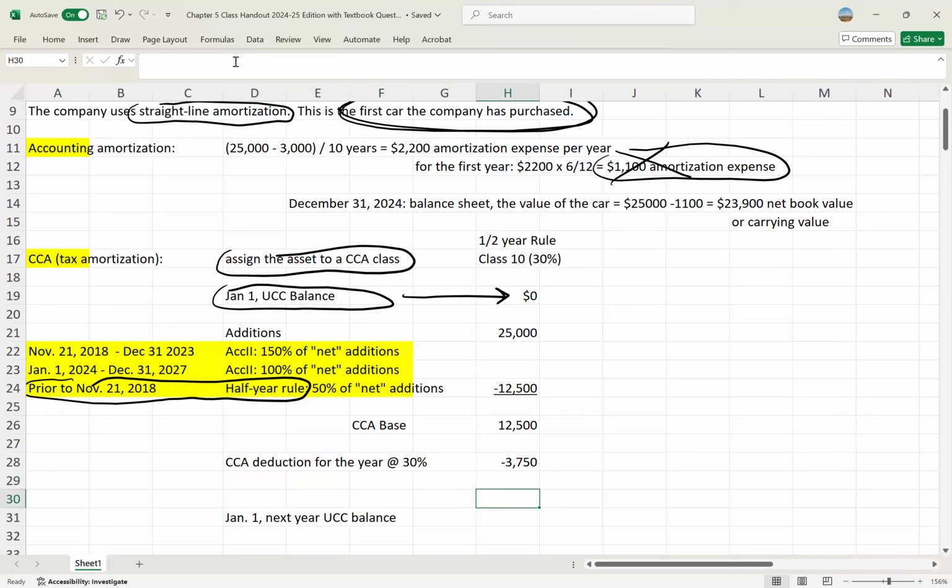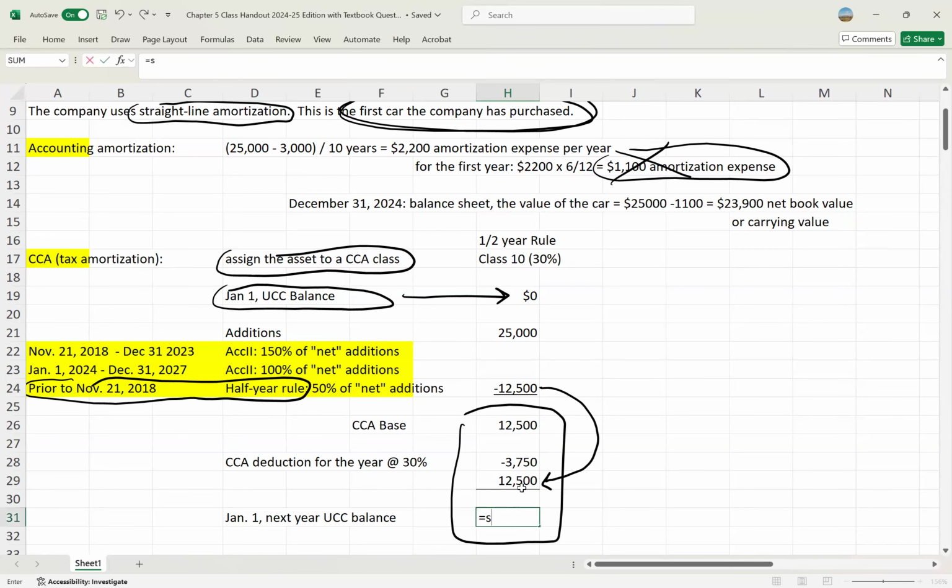Now what we do then is, this is sort of a continuity schedule. So we have 12,500, we minus the CCA for the year. But then remember this 12,500 that we deducted just for the calculation of CCA, we have to add it back. So we have to add back the 12,500.